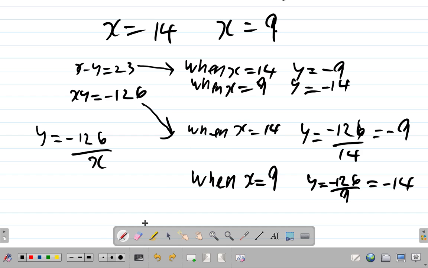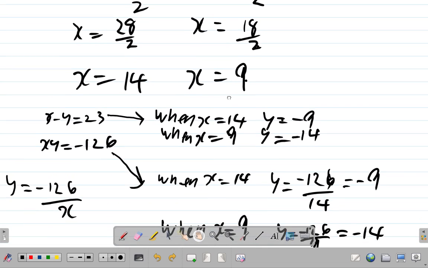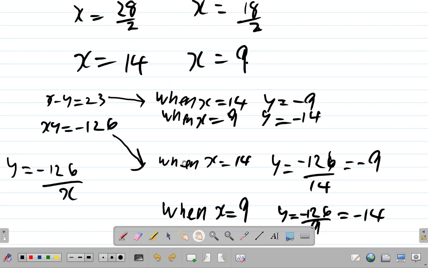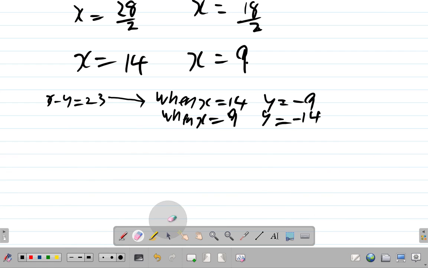Now, let's see something else here before we finish off. We could test and see if the equation is correct. Let's make some space by erasing some of these things that we have here. We're saying when x is 14, y is negative 9. Oh, this was xy is equal to negative 126. I shouldn't have rubbed that off.